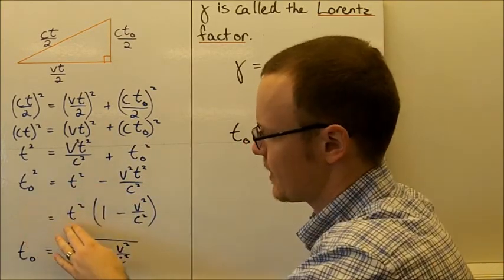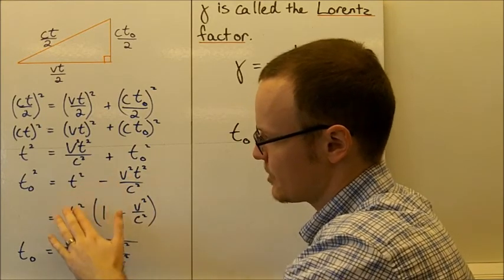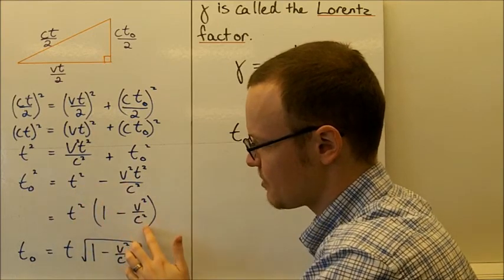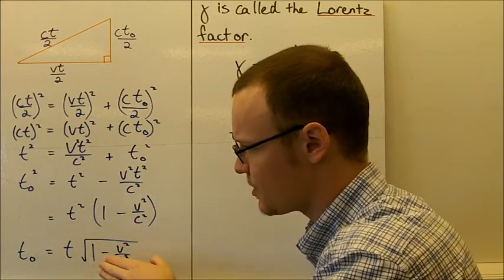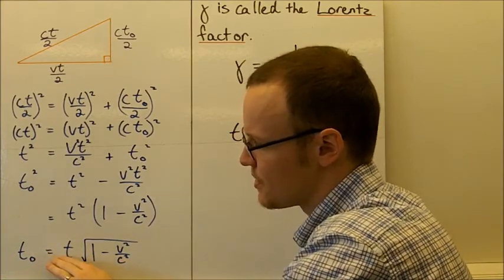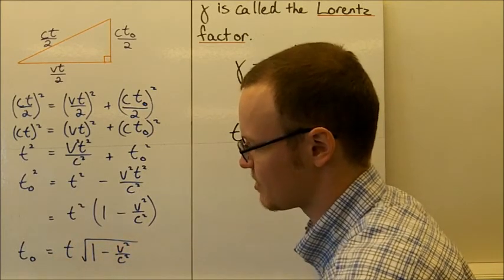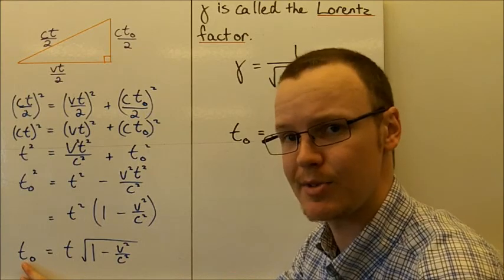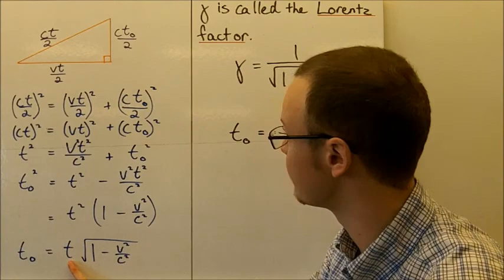And here we have removed the common term of t squared outside the brackets to give the 1 minus v squared on c squared. Taking the square root of both sides yields t0 equals t times the square root of 1 minus v squared on c squared. So you can see here, this is the time that's measured by the inside observer, and this is the time that's measured by the outside stationary observer.